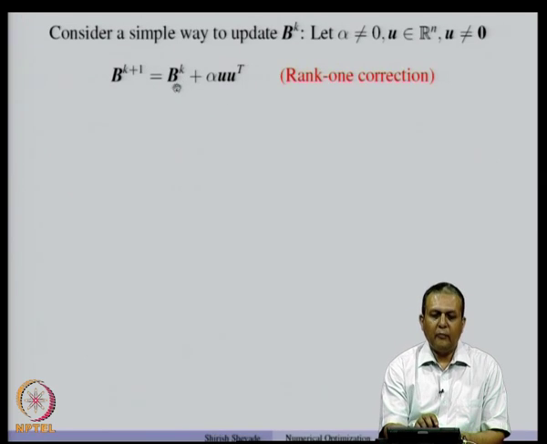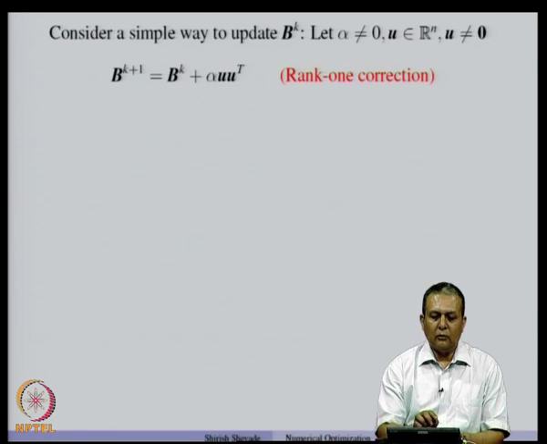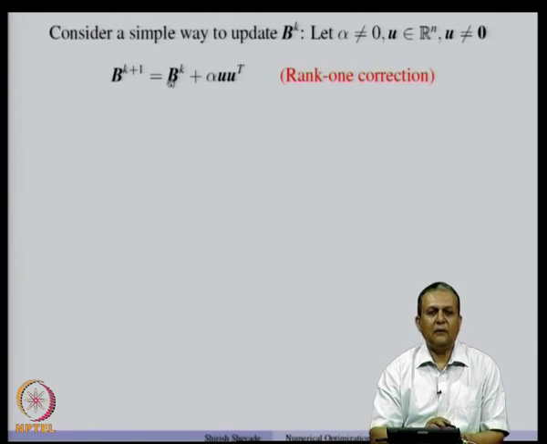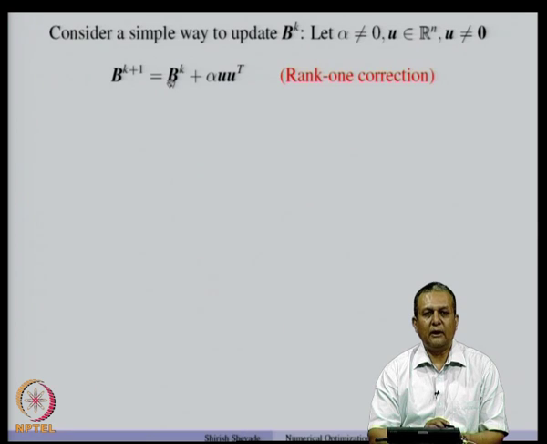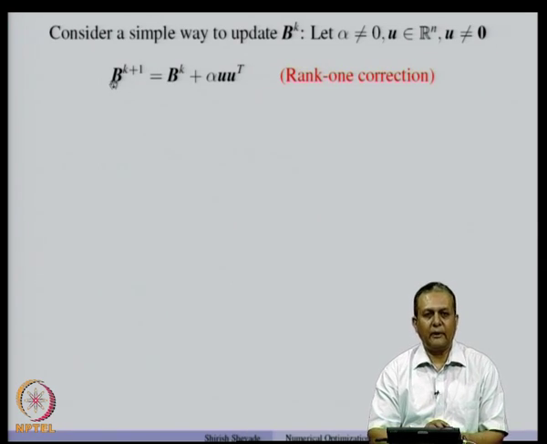So, if Bk is a symmetric matrix, then certainly Bk plus alpha uu transpose is also a symmetric matrix, and therefore, Bk plus 1 will be a symmetric matrix. Now, if Bk is positive definite, is there a guarantee that Bk plus 1 is also positive definite?